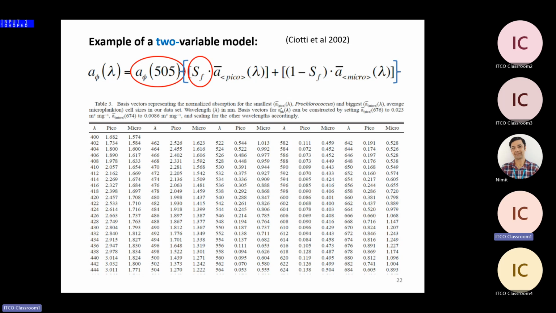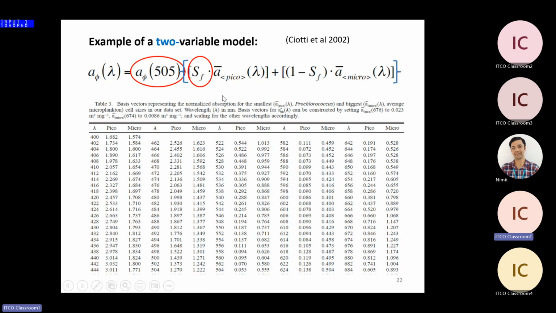There are also ways using two variables. This is Ciotti 2002. Here is the magnitude at 505, that's absorption of phytoplankton at 505. This SF is the fraction of small particles of the total. So if SF is 1, that means the whole phytoplankton is picoplankton.